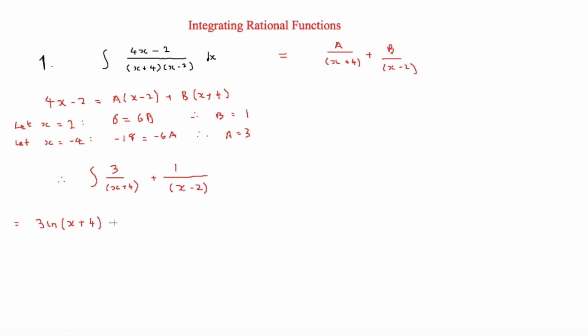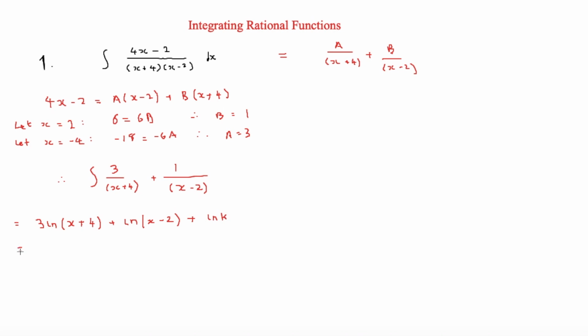The second one, 1 over x minus 2, is just going to integrate to give ln (x minus 2). And then instead of just putting a C, we're going to put ln k, as that is a constant in this term.